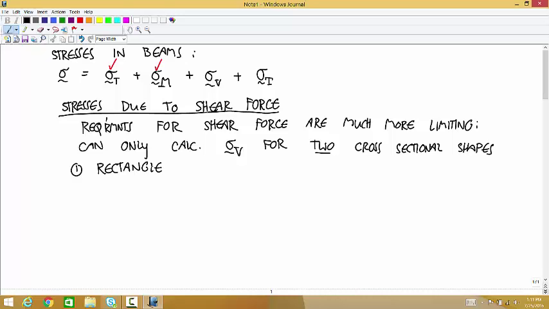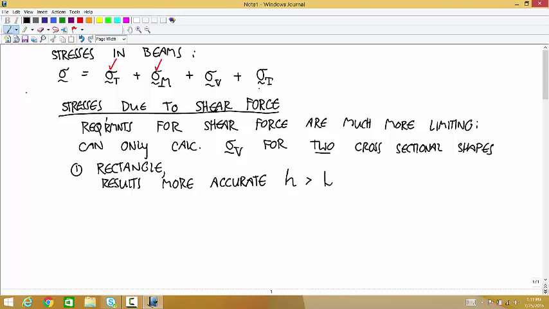And the results are more accurate when the height is bigger than the base, or the width. Let's call it the base, because that's going to come up later.